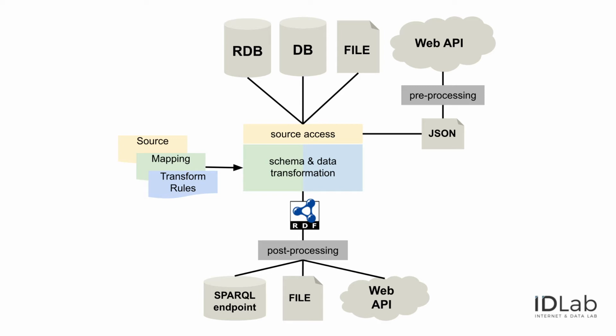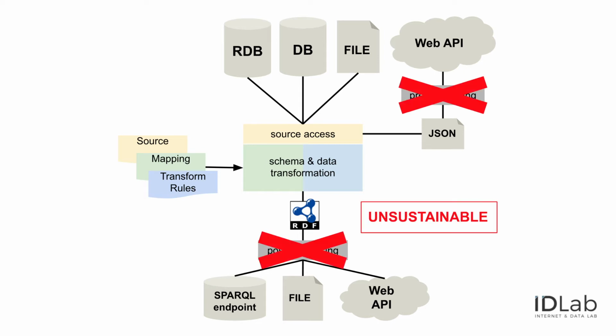Moreover, post-processing is needed if you want to export your knowledge graph to multiple targets, such as a SPARQL endpoint, a file, or a web API, as each processor that performs this transformation specifies the export using hard-coded scripts or configurations. That's again unsustainable, right? As you need to have these hard-coded scripts for accessing the web API or for exporting your knowledge graph.